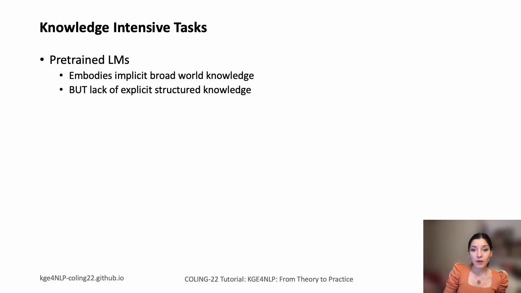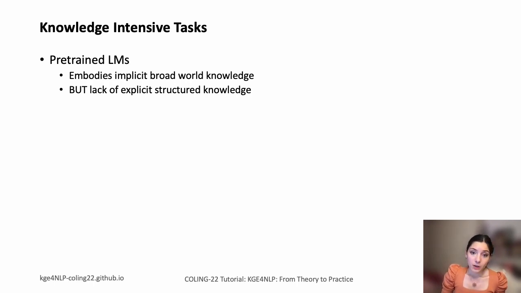Previously, we have covered the marriage of pre-trained language models with knowledge graph embeddings for the knowledge graph completion task. Now, let's have a look at why we may need to augment language models with knowledge graphs for NLP tasks. As you know, large pre-trained language models have become the dominant paradigm in many NLP tasks.